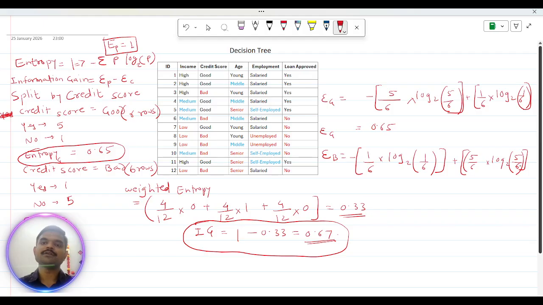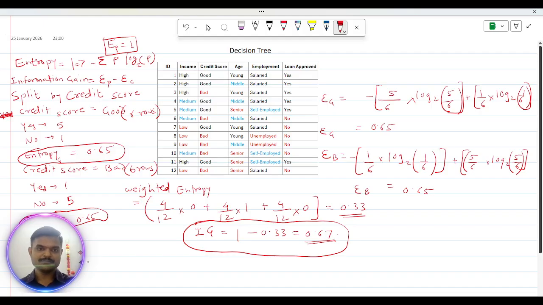Because the probabilities are the same, it will be equal to 0.65. This is the entropy for bad credit score, which equals 0.65.